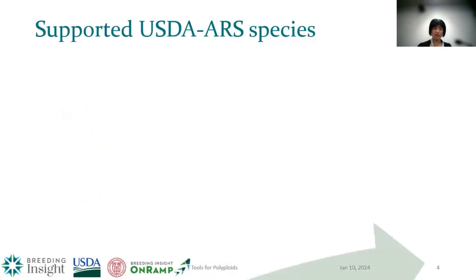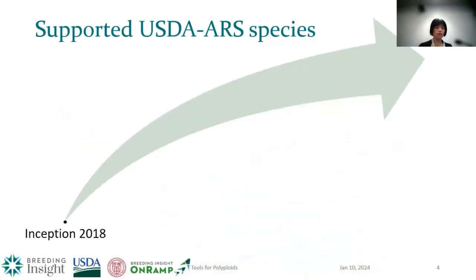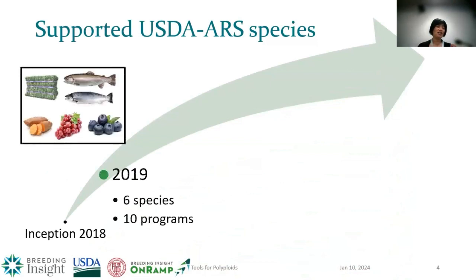So this gives an overview of the growth of Breeding Insight. The idea came out in 2018 from Ed Buckler and Zhao at Cornell, and then got funded. In 2019, Breeding Insight started with 6 species and 10 programs from the ARS.